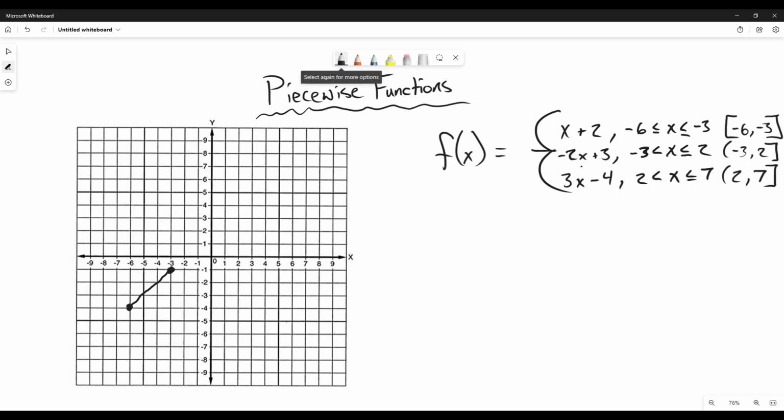Next, we have -2x plus 3. That's between -3 and 2. So let's first graph it. We have -2x plus 3, so we're starting at +3. And we're going -2x, which means we're going like this. Right about there. Now this one is an open circle, and that's because it's a parenthesis here.